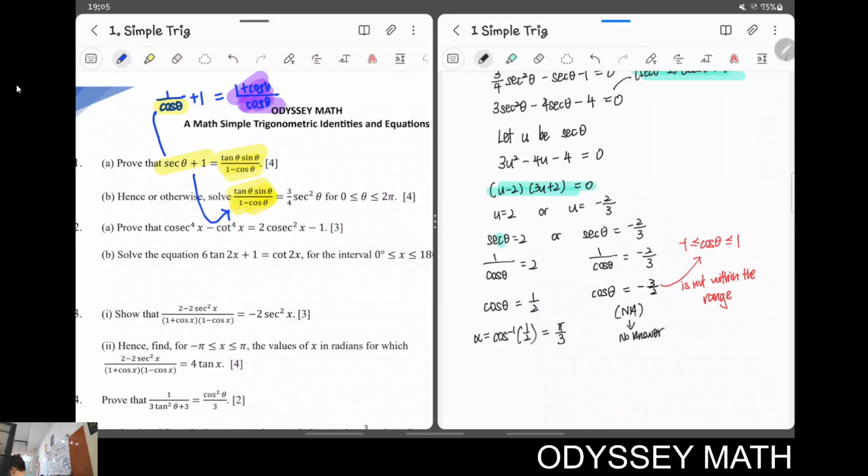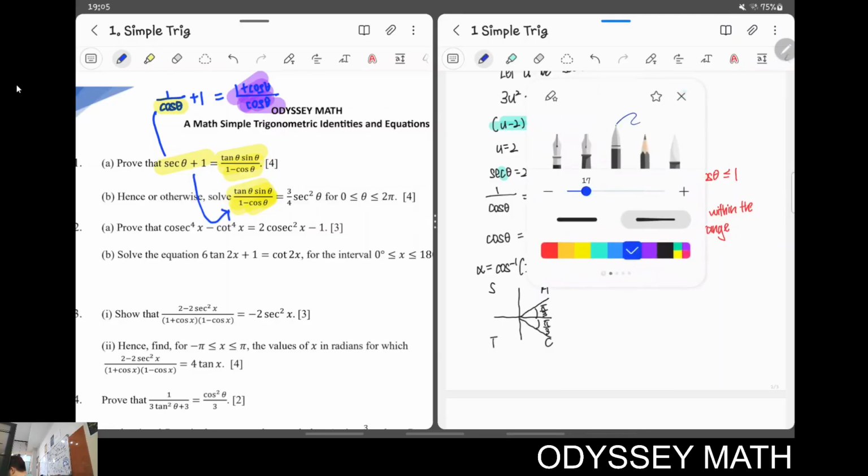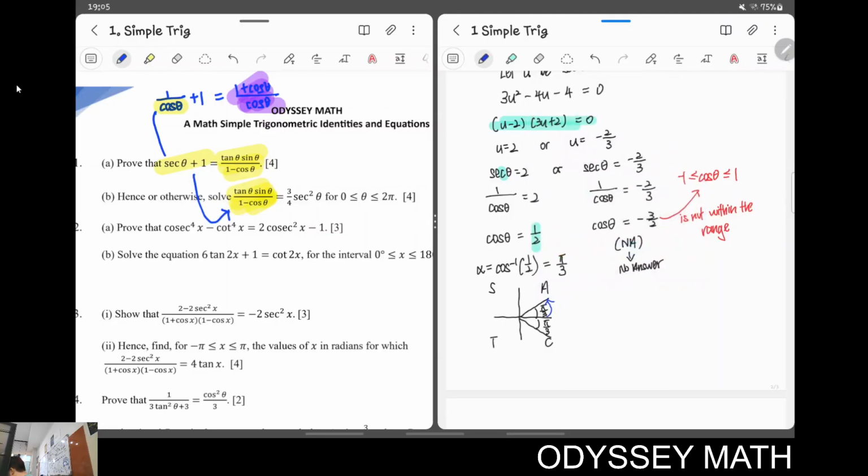You understand? And then now we do the ASTC. We have cosine to be positive. So ASTC is in the first and the fourth quadrant. And then to get the angle, the first angle would be theta equals pi over 3, and the second angle would be 2 pi minus pi over 3.